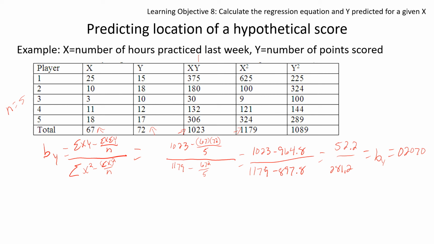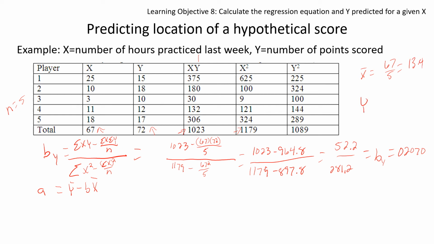The next is the y-intercept, and you'll recall that that is equal to the mean of y minus the slope times the mean of x. Well, we need to get the mean of y and mean of x, so the mean of x is equal to 67 divided by 5, which is 13.4.